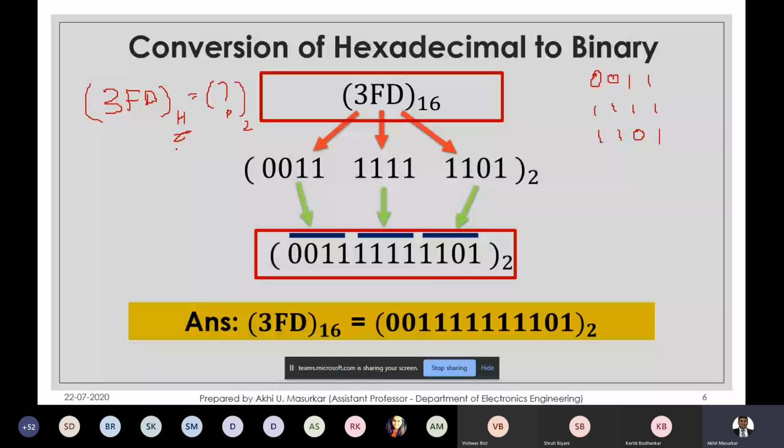So these two conversions are pretty simple, binary to octal and octal to binary, and the other one is binary to hex and hex to binary. The next thing is, what if we want to directly convert from octal to hexadecimal or hexadecimal to octal without involving binary? So this is something that we want now.